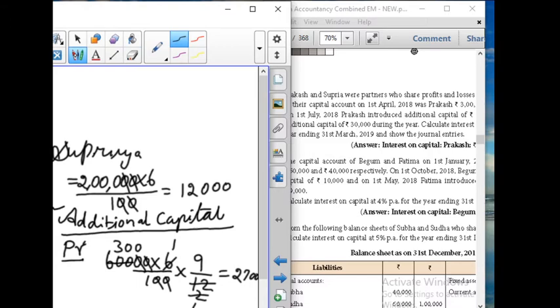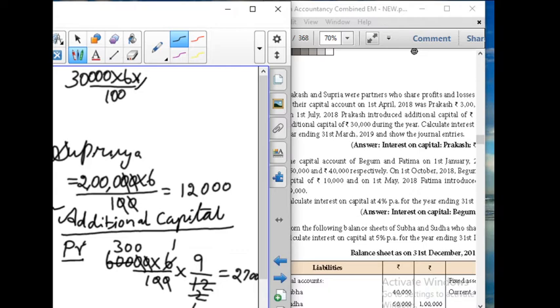Next, Supriya. Additional capital is 30,000 into 6 by 100 into how many months? During the year means we have to calculate only for 6 months.